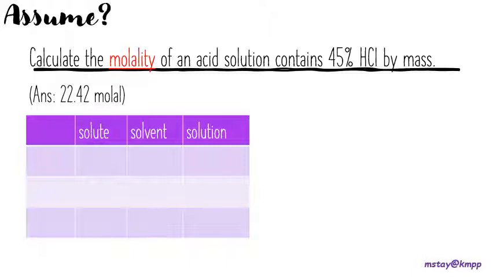Then write down the formula, including the unit. Based on the information gathered, decide whether an assumption is needed or not. Hope you have a clearer idea how to solve the questions about concentration measurements.